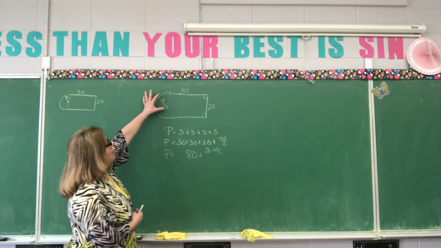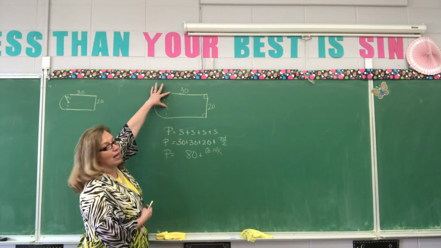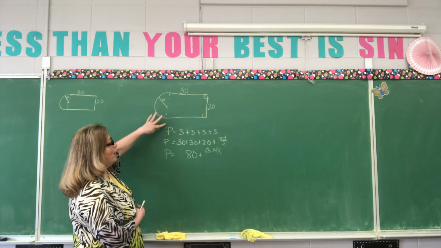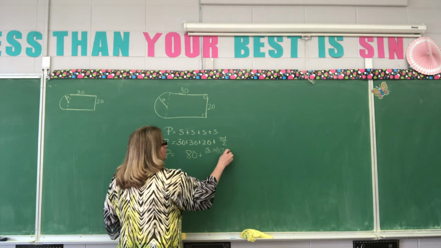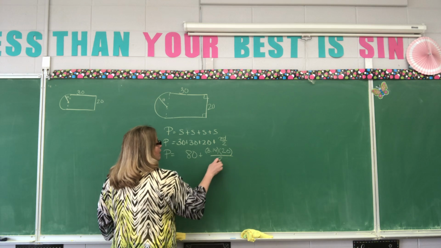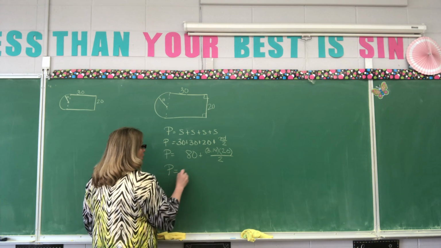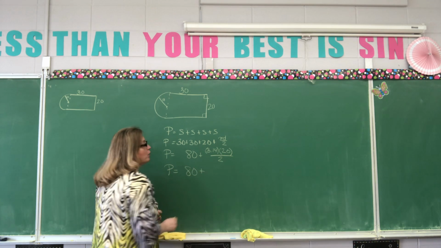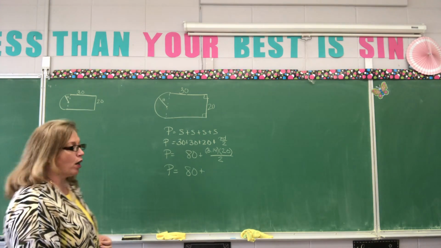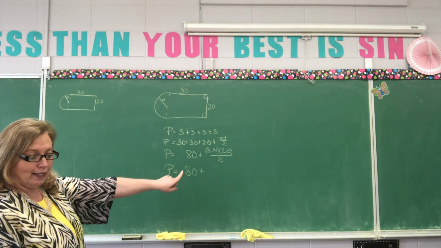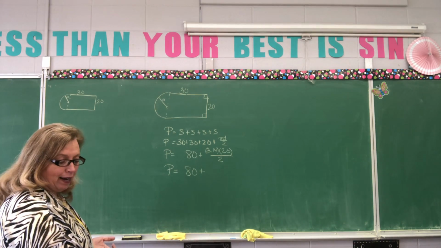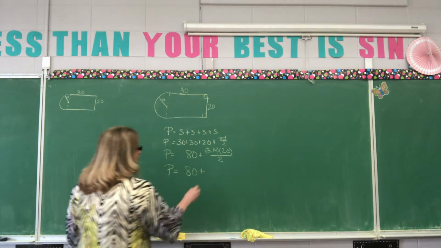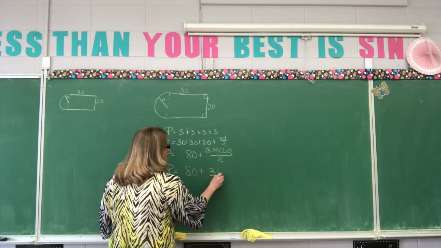Well, because 10 is only from the middle to this side, but diameter is all the way across. Oh, I'm sorry, it's 20, not 100. Okay, it's 20. Okay, so then we're going to divide it by 2. So 80 plus, now we're going to say 3.14 times 20. Then we're going to divide it by 2. We're going to get 31.